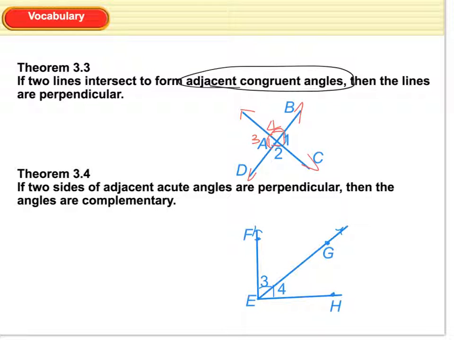And now, if the two lines intersect and they form four adjacent congruent angles, then that means each of these four angles is 90 degrees, a right angle, and of course the lines would be perpendicular to each other. So in this case we say line AC and line BD would be perpendicular to each other.